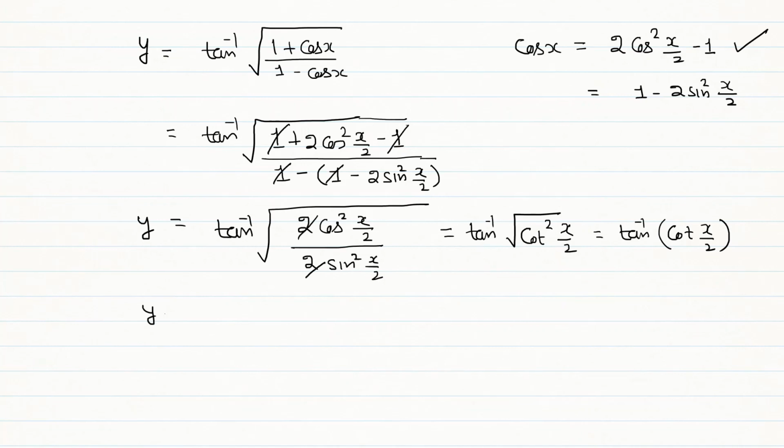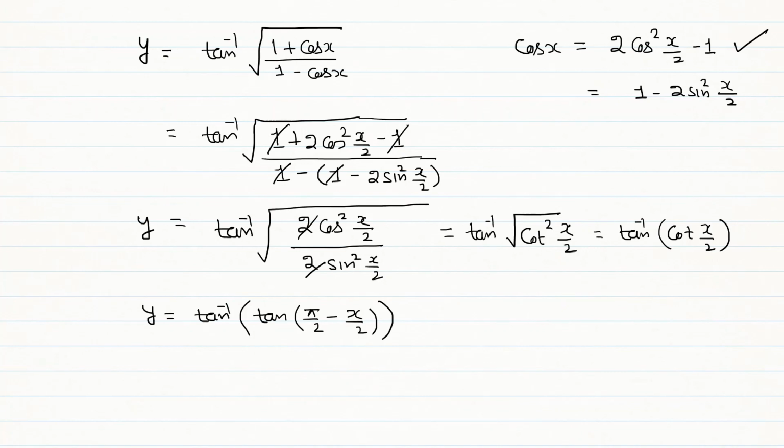So y is equal to, now tan inverse cot x by 2 can be written as tan of pi by 2 minus theta. Basically pi by 2 minus theta is cot theta, so this I am writing pi by 2 minus theta. Theta is x by 2. So understand which formula I am using here. It was actually cot theta, and we know cot theta can be written as tan 90 minus theta or tan pi by 2 minus theta.